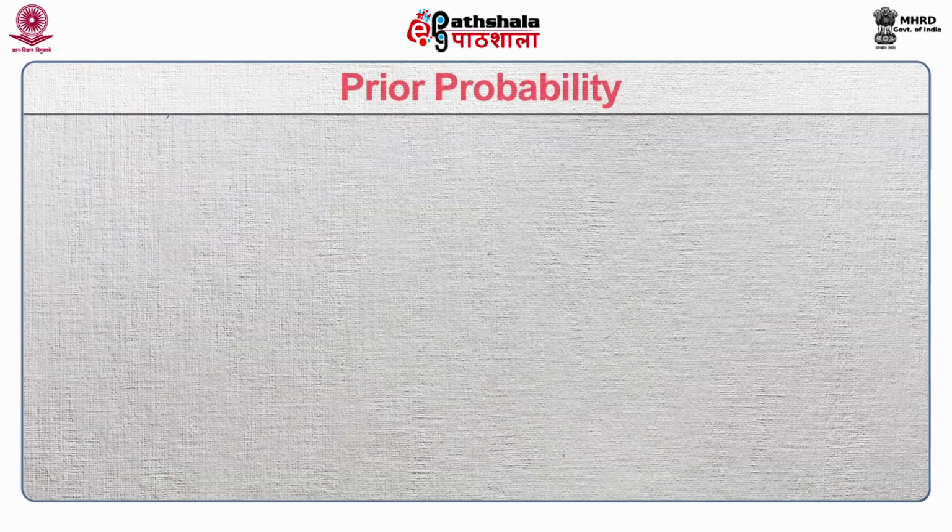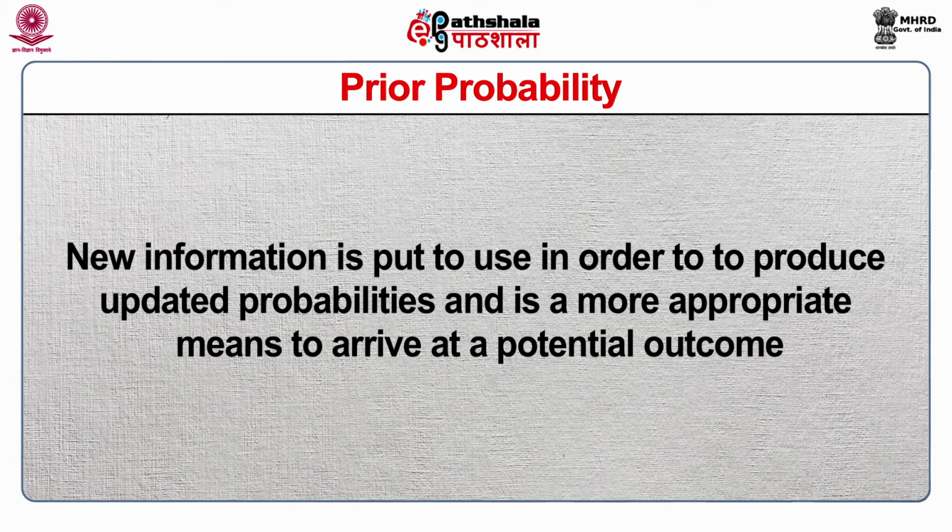It is the type of probability which represents the original probability, what one believes to be perfectly true before any new evidence comes into existence or any new possibilities are uncovered. New information is put to use to produce updated probabilities and is a more appropriate means to arrive at a potential outcome.